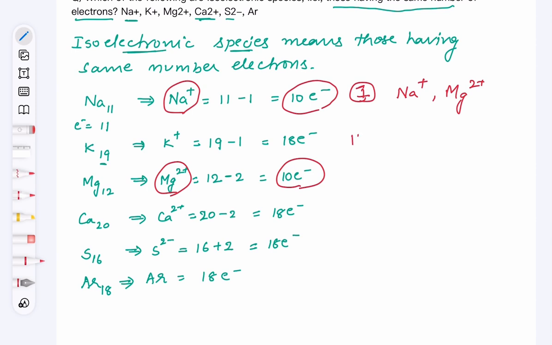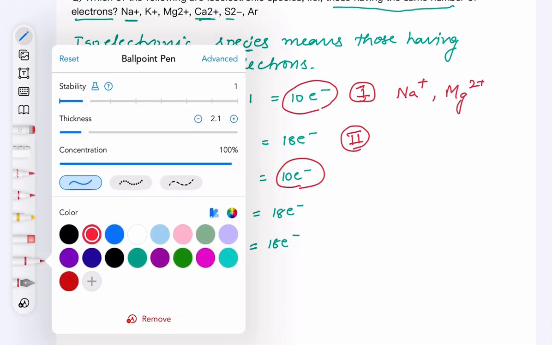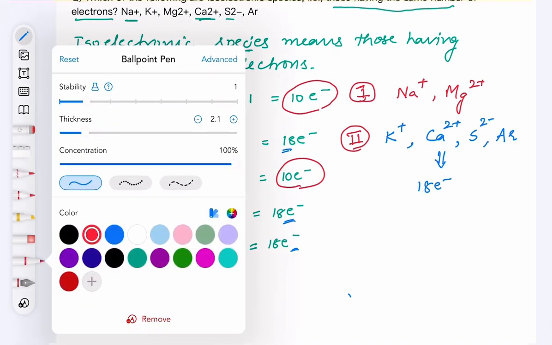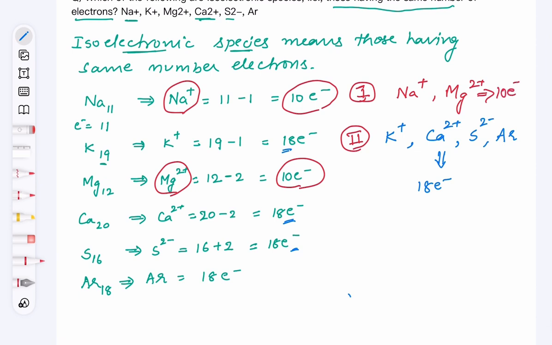All the rest form the second set of isoelectronic species having 18 electrons: K plus has 18 electrons, Ca2 plus has 18 electrons, S2 minus has 18, and lastly argon has 18 electrons. So there are two sets of isoelectronic species, bearing 10 electrons and 18 electrons.